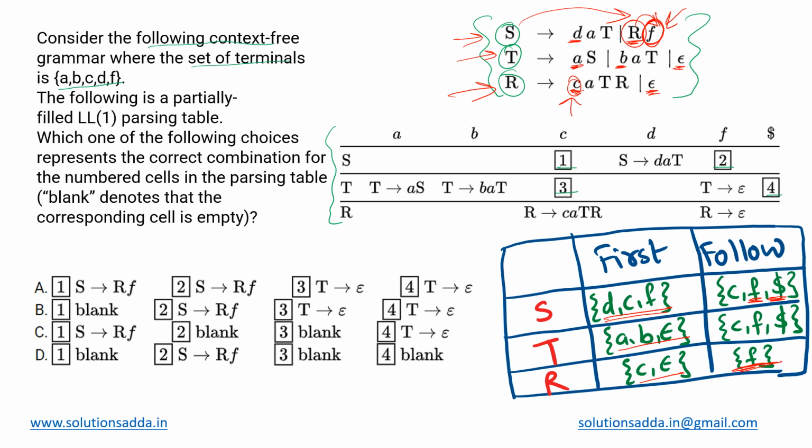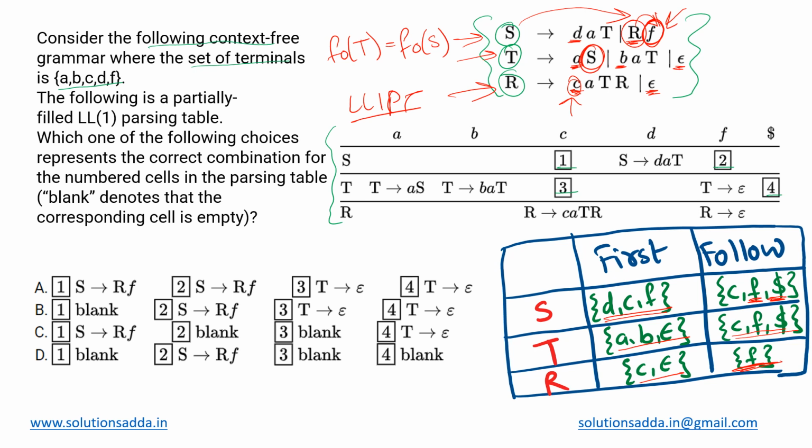And when we are dealing with the follow of T, because here we are having the S, we will say that follow of T will be the same as follow of S, and hence we get the same entries C, F, and dollar in the follow of T as well. So we have created this first and follow table. Now based upon this, we will be going for the LL1 parsing table that has been given here incompletely filled.